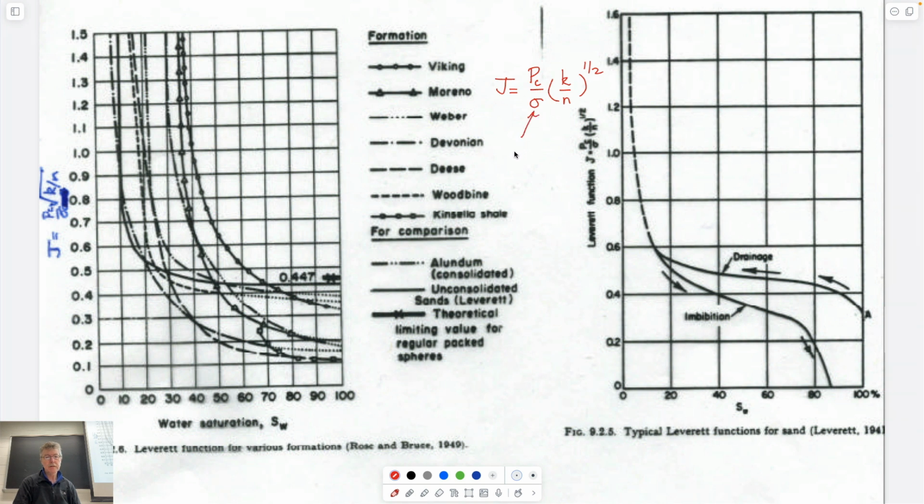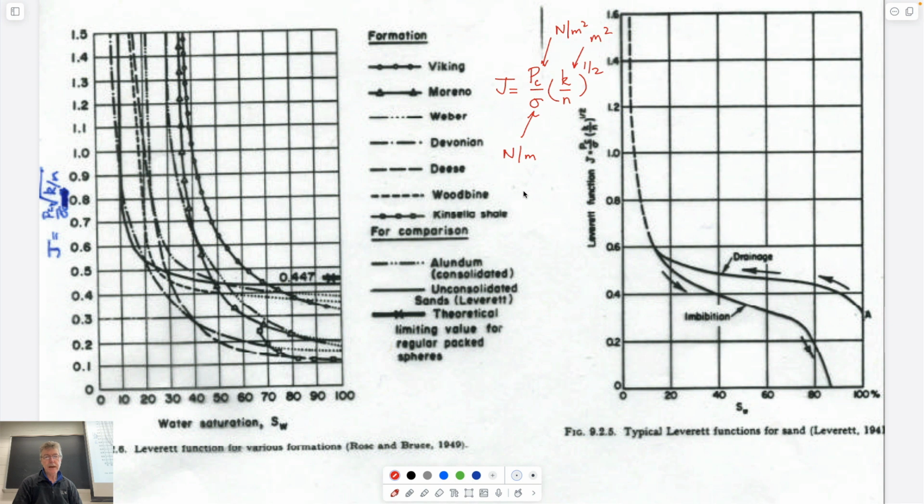Pressure is in newtons per meter squared, as all pressures. Porosity has no units, and permeability, which you haven't really talked about yet, has units of meters squared.